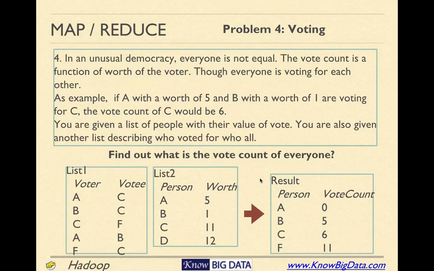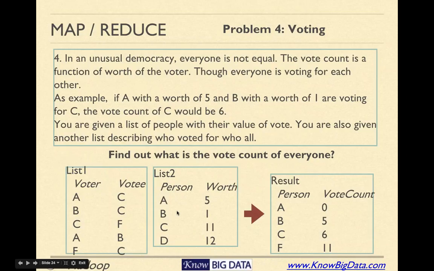One, where we bring all the people who voted for a particular person or voted by a particular person together with the worth of the voter. So you have got list 1 and list 2. List 1 says who voted for who, and list 2 shows the worth of the individual.